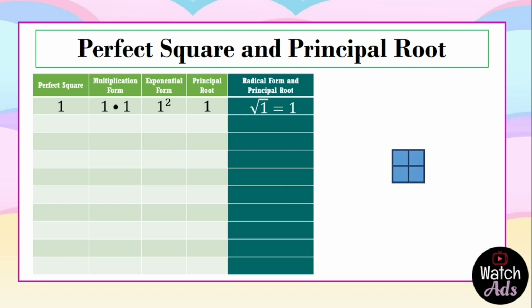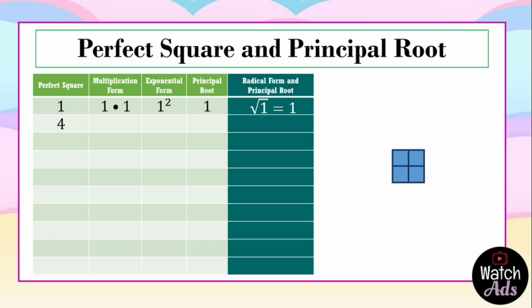Let's have the next size of the square. How many squares can we find in the illustration? We can find 4 squares. The area is 4. Now it means that 4 makes a perfect square. Let's have the multiplication form. How many units does each side of the square measure?